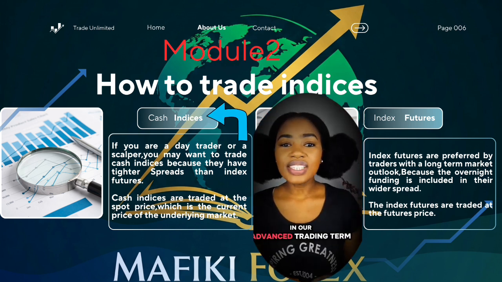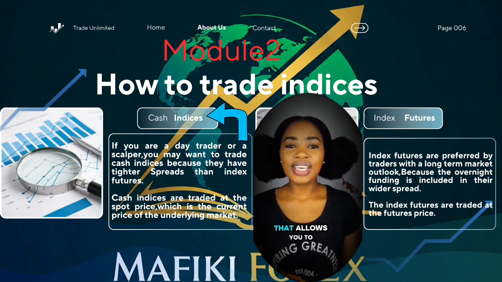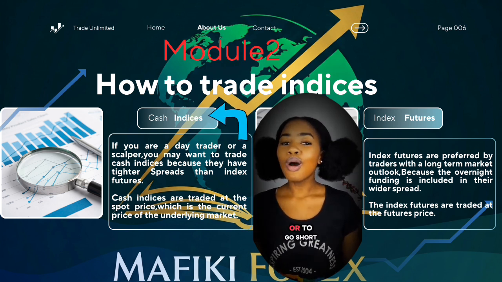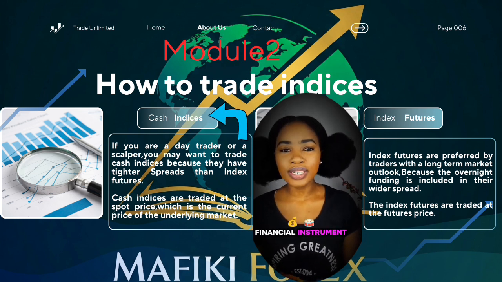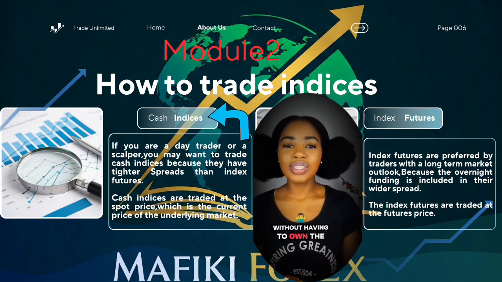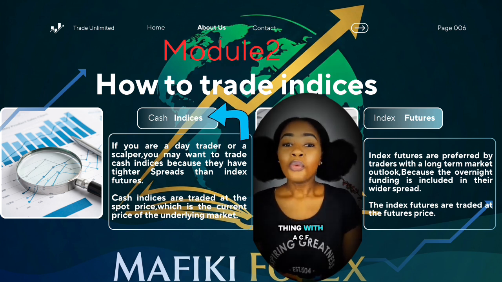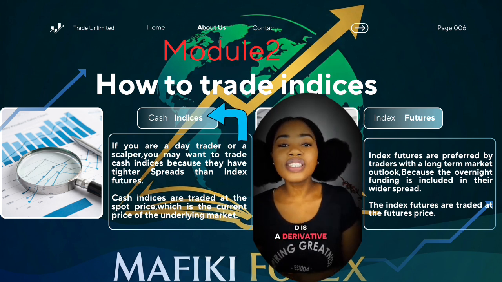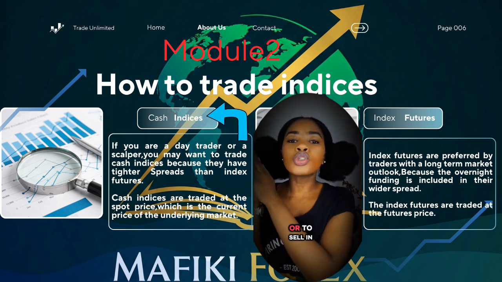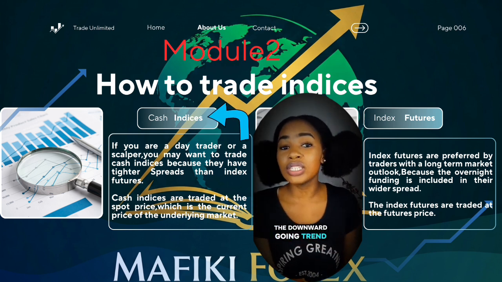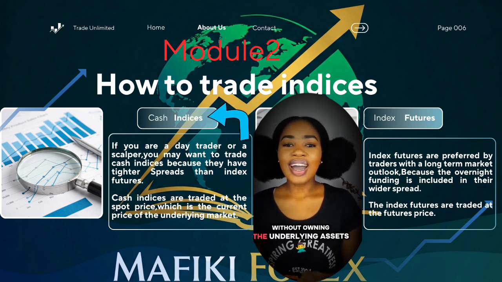In more advanced trading terms, we'll say a CFD is a derivative that allows you to go long or to go short on price movement of a financial instrument without having to own the underlying assets, which means the same thing: a CFD is a derivative that allows you to buy in the upward going trend or to sell in the downward going trend on a price movement of a financial instrument without owning the underlying assets.